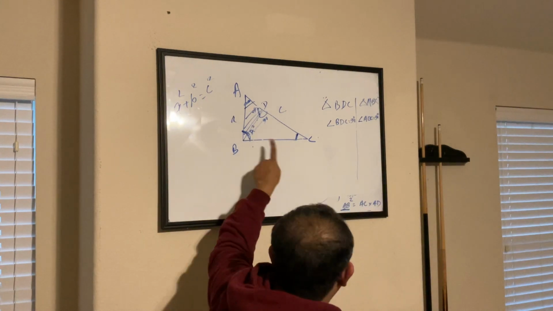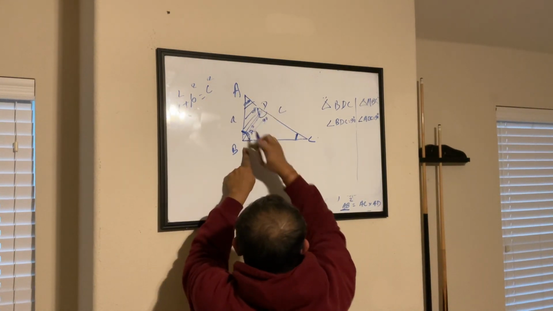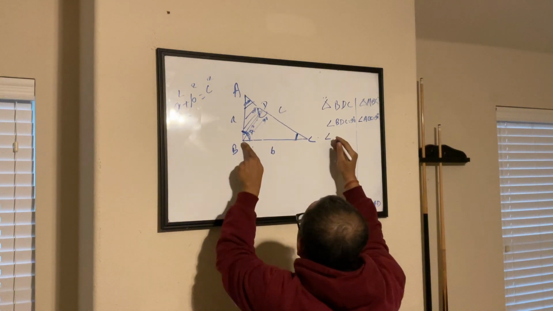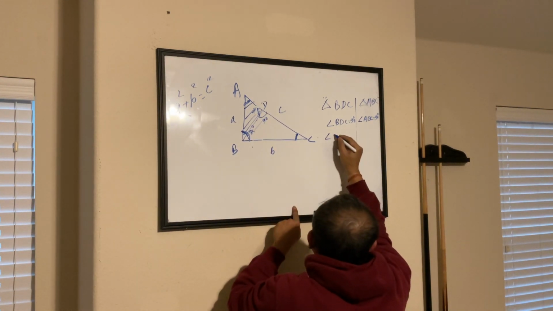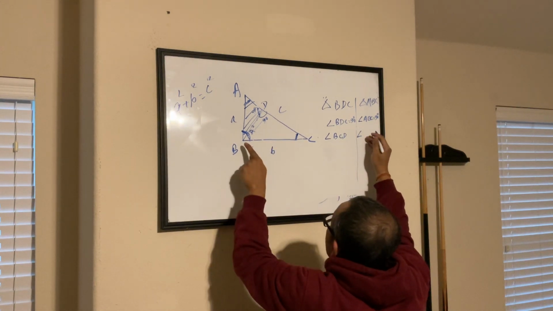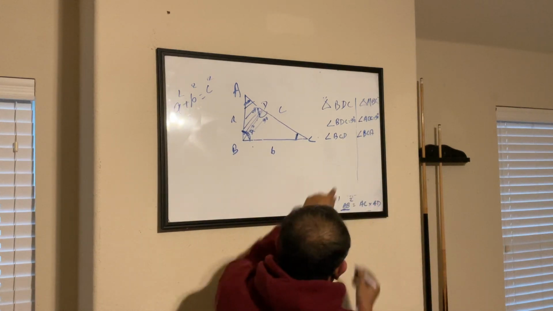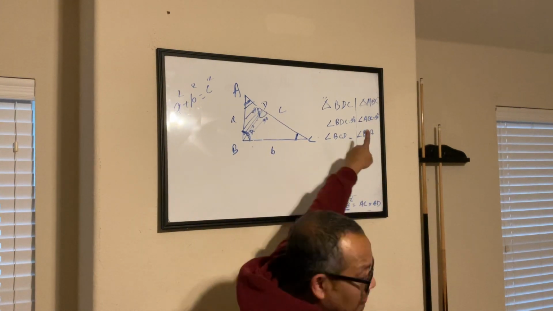These two angles are matched. Now this angle in the small triangle and the big triangle is common, so angle BCD and angle BCA are again equal. So I'm putting the equal angles together.